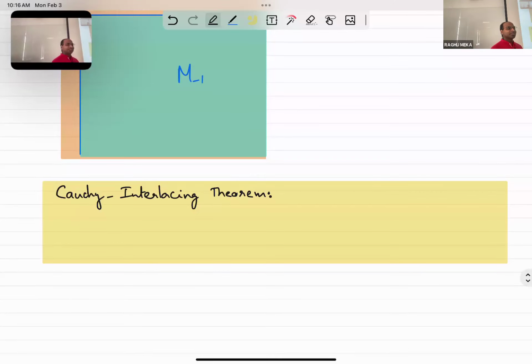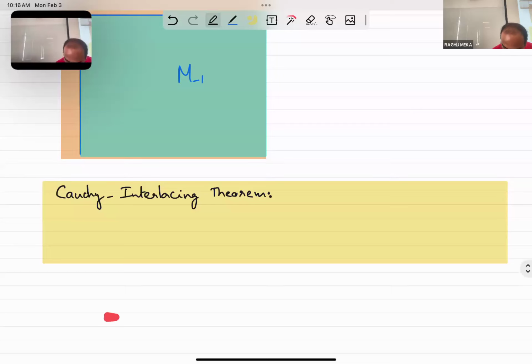You know what interlacing means? Right. So like, if you think of a braid, it's basically like you're braiding them by interlacing things, right? And Cauchy interlacing theorem basically says that the eigenvalues of M and M minus 1 interlace. Okay, that's the English version. Kind of a very surprising thing that there's so much regularity in these eigenvalues, but that's exactly true. That there is this magical pattern that arises.